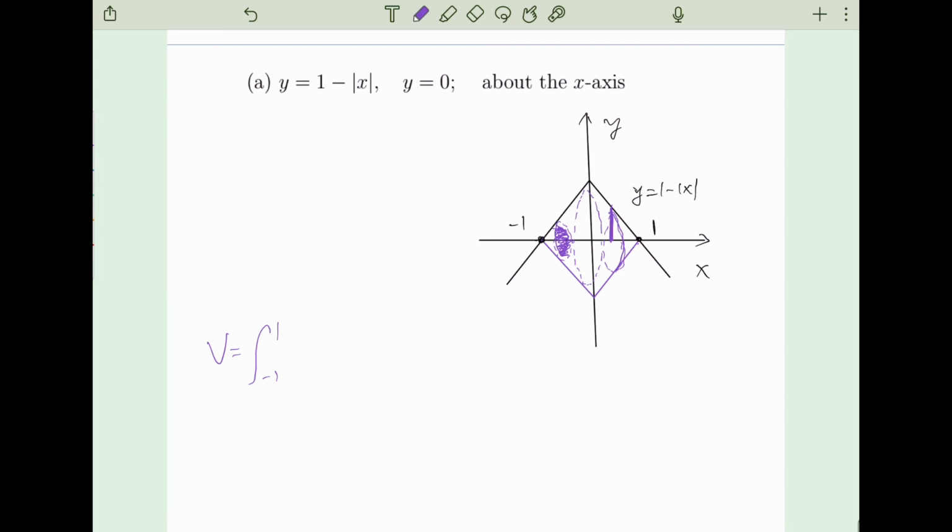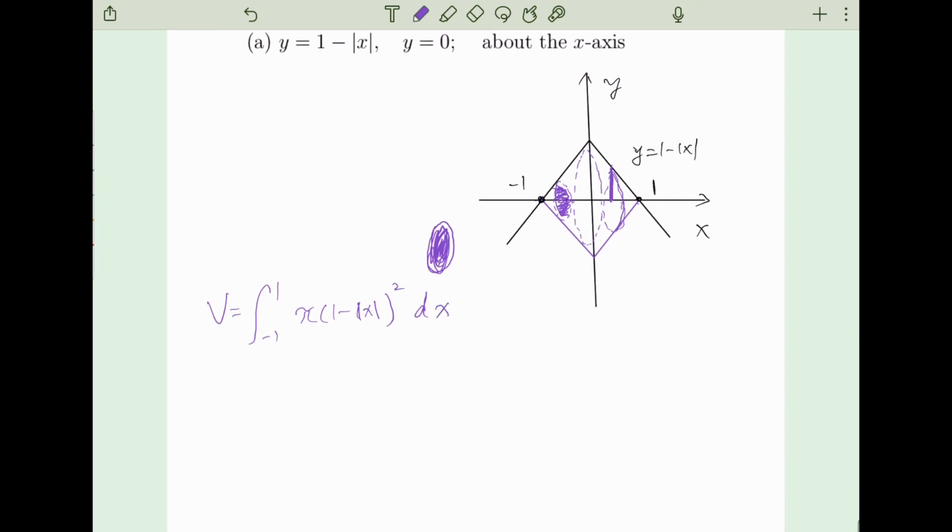So for each small piece of this kind of circle, its area is pi r squared, and we know that the r is the y, right? So that becomes pi times 1 minus absolute value of x, squared, pi r squared, dx, right?